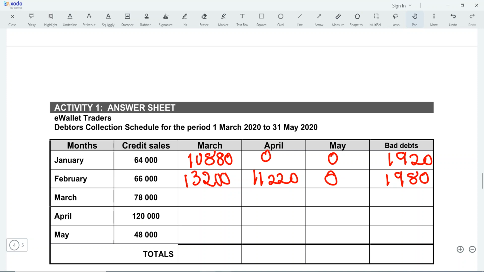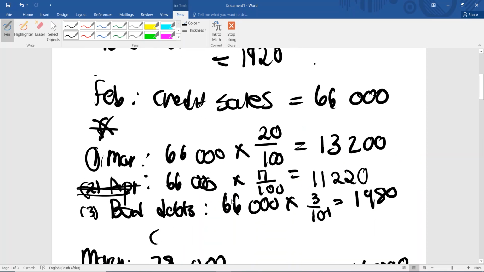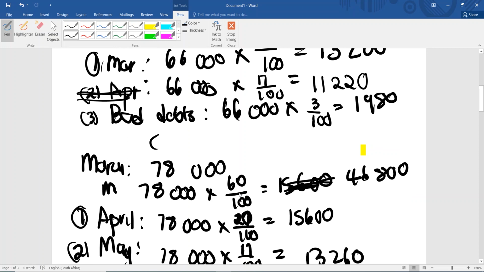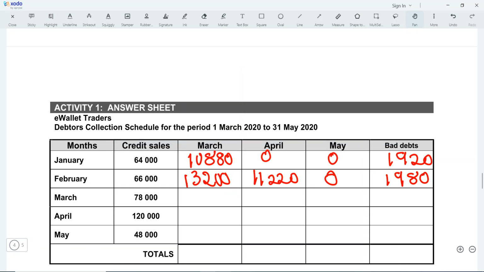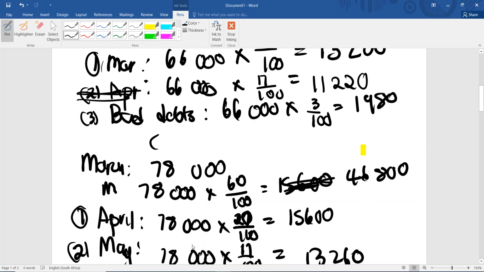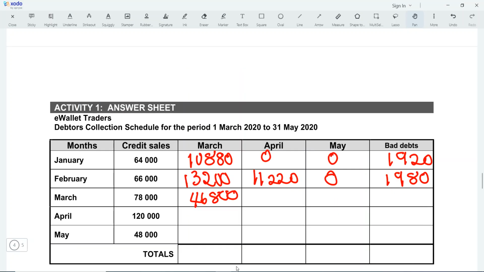Remember, same month as March is March. So we come here. In the same month, we collected 46,800, as you can see here, 46,800. And then in April, from the sales of March, we collected 15,600, which is what we're supposed to have here.